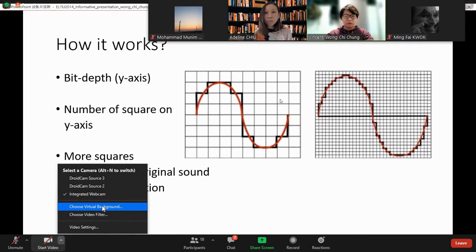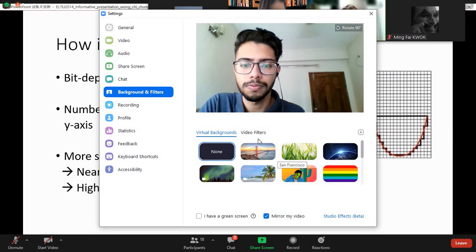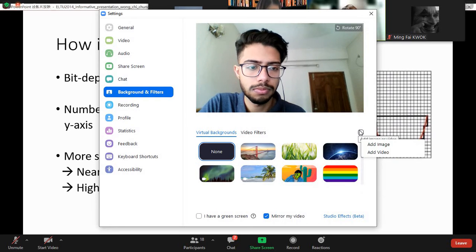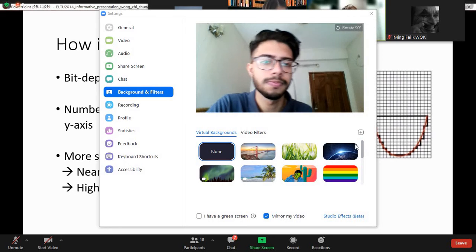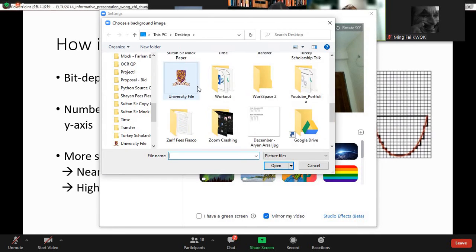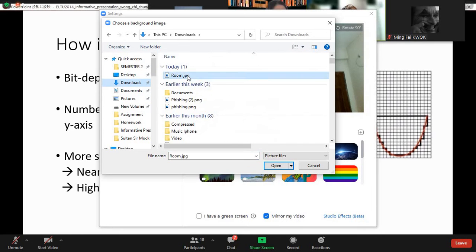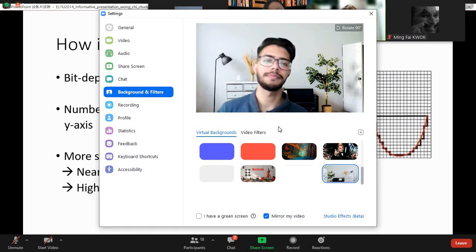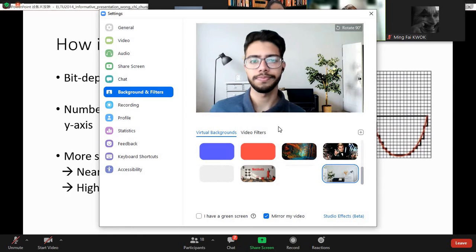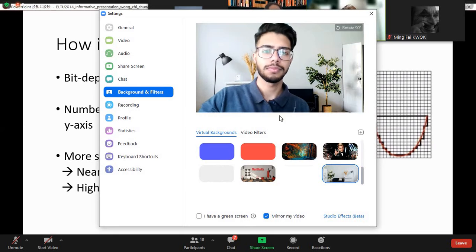In this graph, the number of squares represents the bit depth, the red line is the original analog signal, and the black line is the discrete generated signal. As there are more squares, which is the bit depth of the DAC, the discrete generated signal can be nearer to the original analog signal, so the bit depth actually affects the resolution of the generated sound.